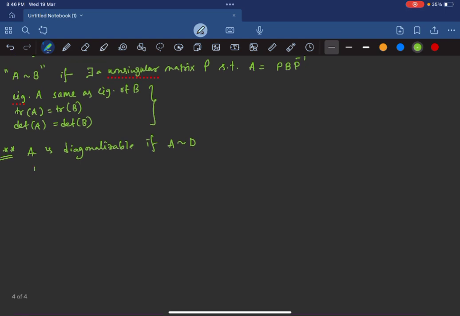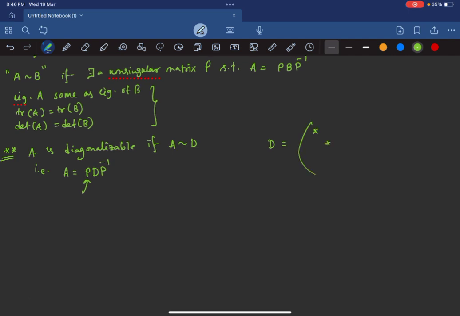In other words, A can be expressed as P D P inverse for some non-singular matrix P. What is this P? We'll see. And this D matrix, D is a diagonal matrix.